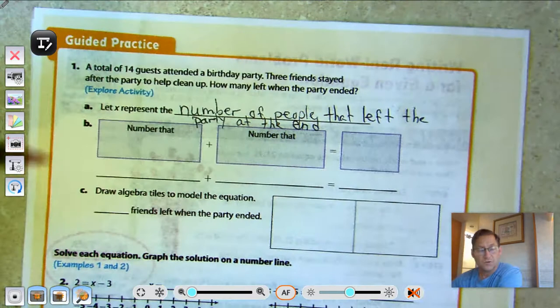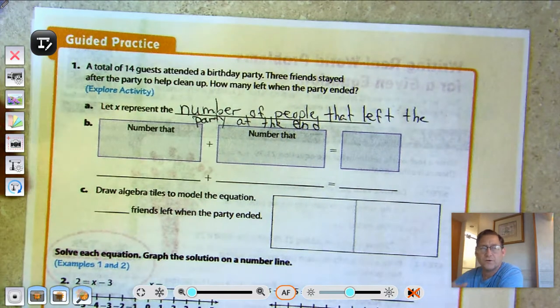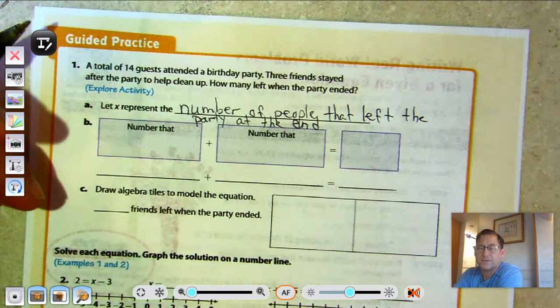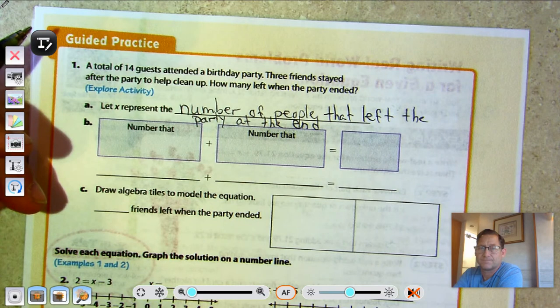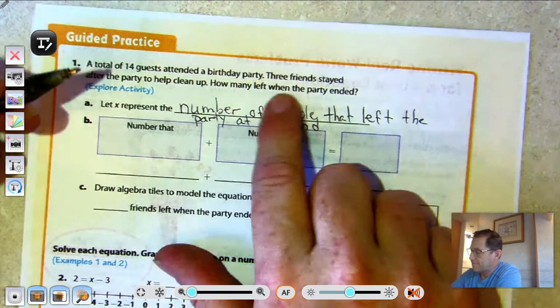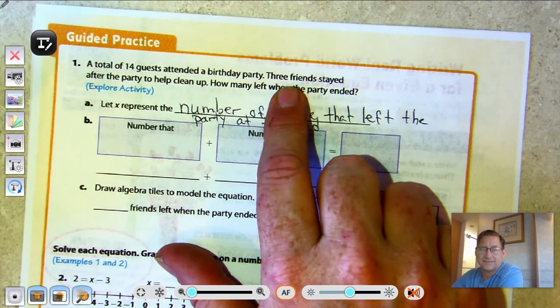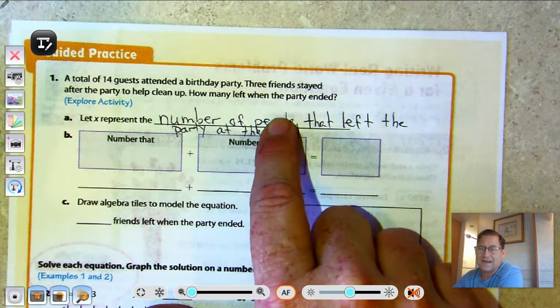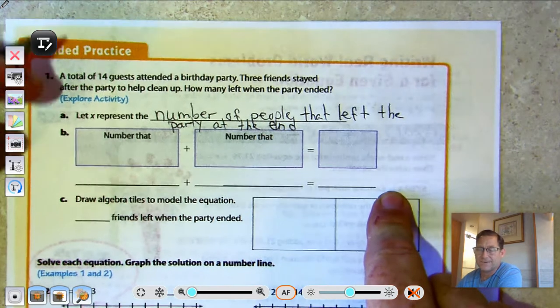Okay, so how could we set this up? We know that there was 14 people that attended the party. So if we take the 3 friends that stayed and add the number of people that left, it'd have to be 14, right?